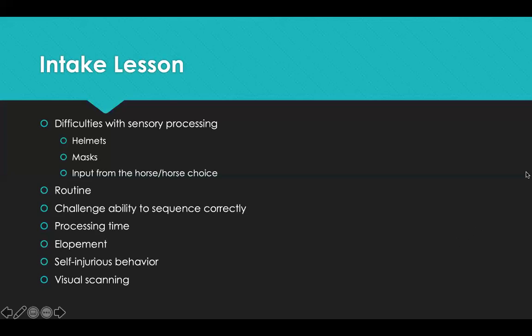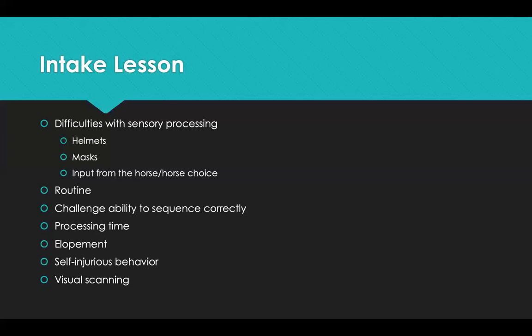So just keeping that routine in mind could be helpful for some of your riders, and to challenge their ability to sequence correctly. So if you find that one of your riders is having difficulty remembering a 2-step direction, that is their limit, and you don't want to move on to something that is a 3 or 4-step direction before they're able to tackle a simple 2-step direction first.